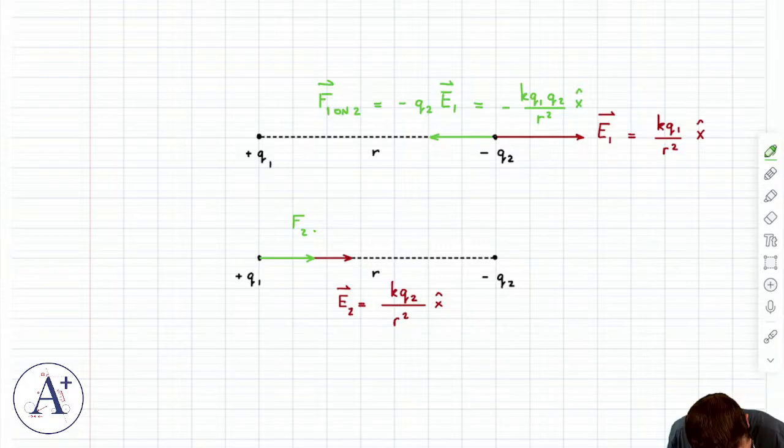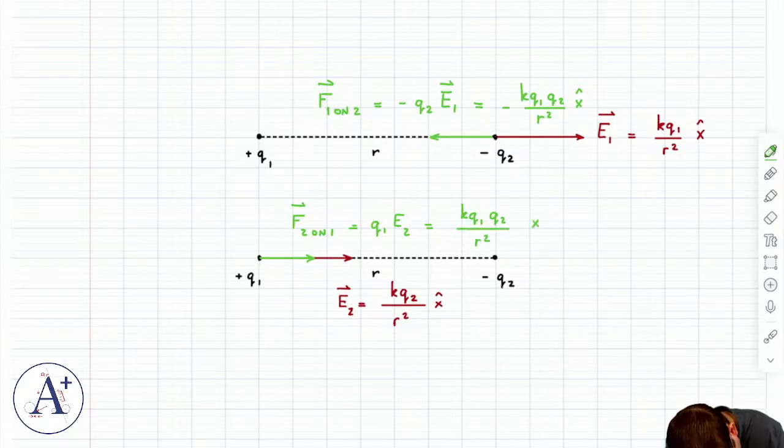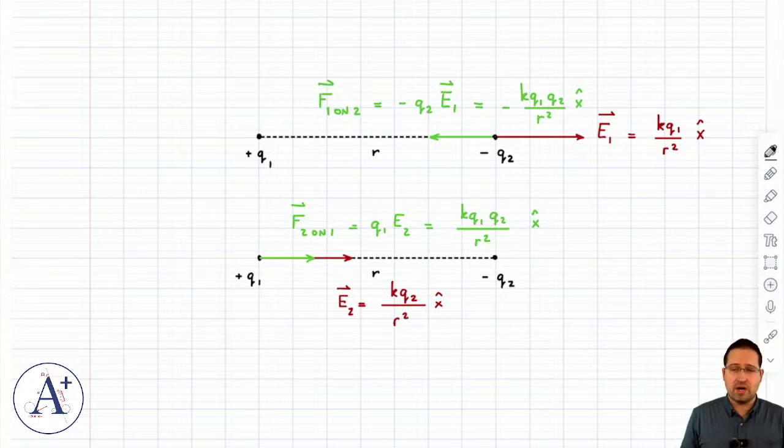So this will be the force of 2 on 1, that is going to be Q1 times E2, which is going to be K Q1 Q2 over R squared X hat. Also consistent with the fact that opposites attract.